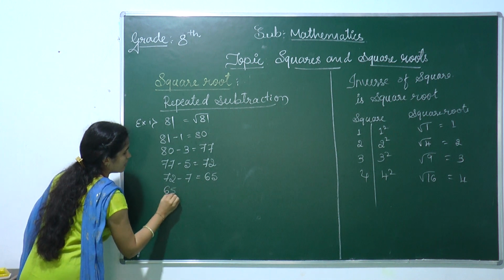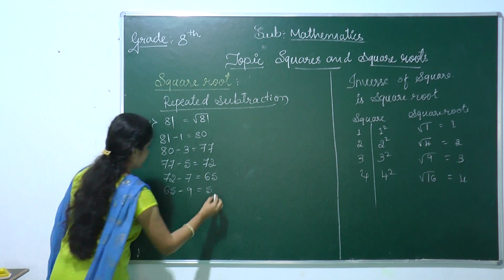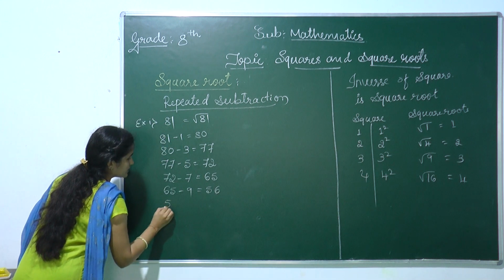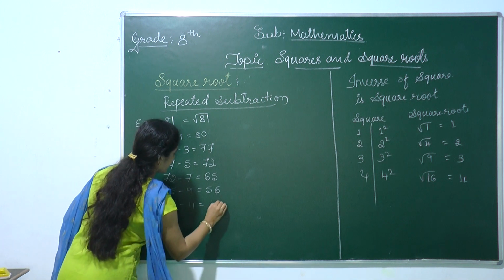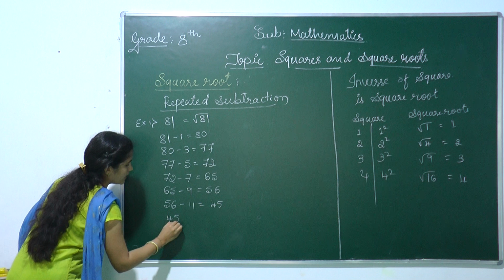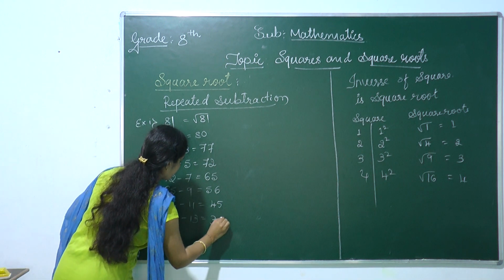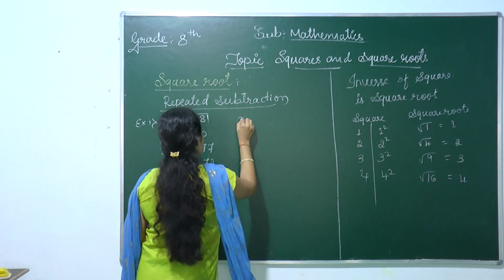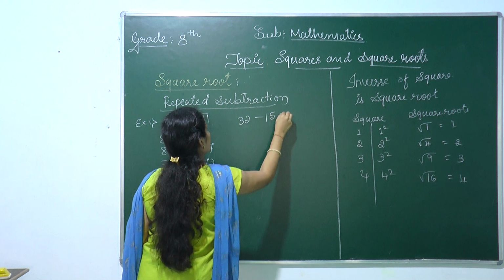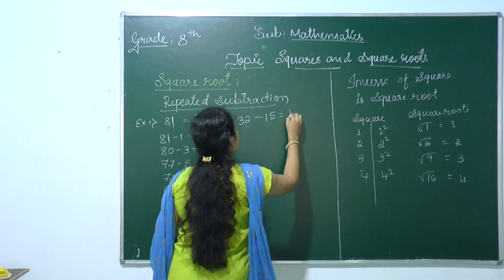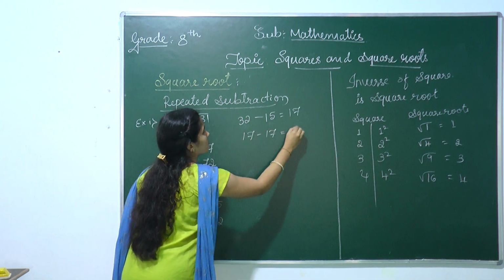Next, 65 minus 9 is equal to 56. 56 minus 11 is equal to 45. 45 minus 13 is equal to 32. And 32 minus 15 is equal to 17. And at last we get 17 minus 17 is equal to 0.